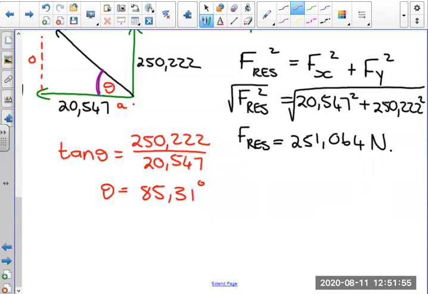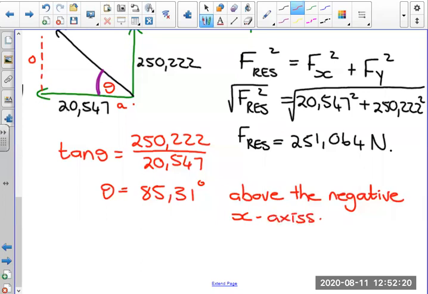There are a lot of ways that you can describe the angle, but I think the easier way is to say this is 85,31 degrees above the negative x-axis.